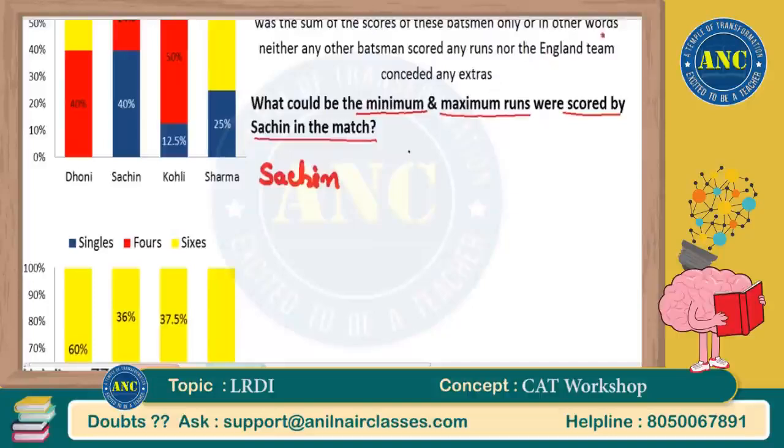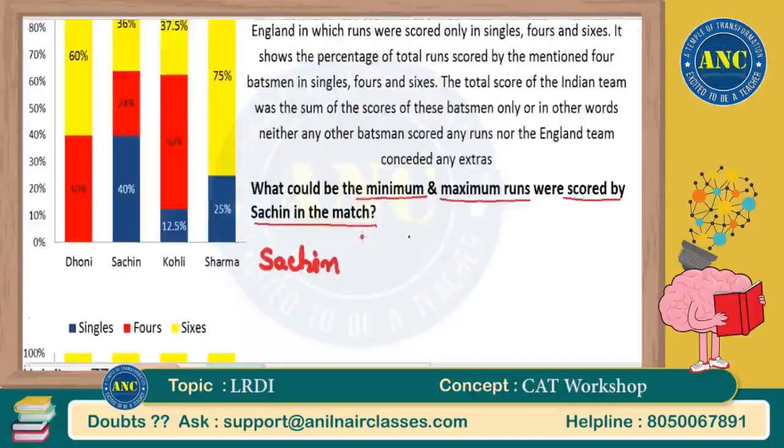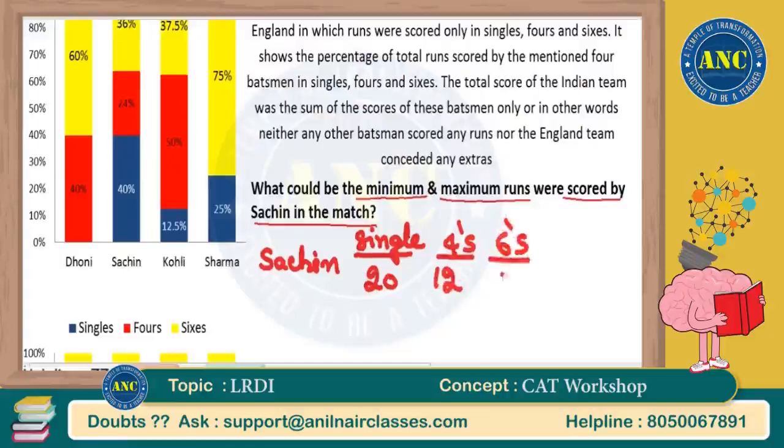For Sachin, what did we get? Singles we got 20, fours we got as 12, sixes we got as 18. What is the minimum runs scored by Sachin? Minimum runs scored by Sachin is 50.